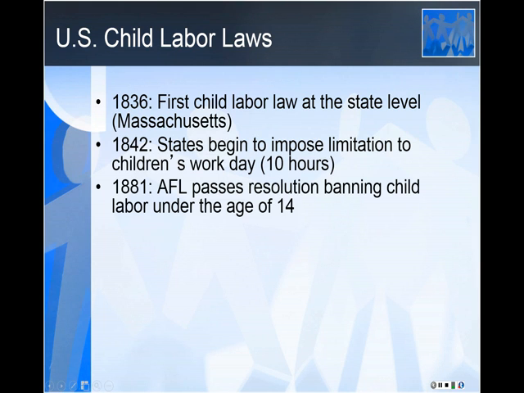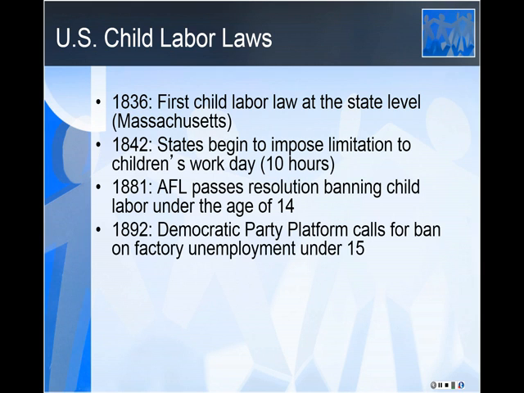By the late 1880s, the American Federation of Labor passes a resolution banning child labor under the age of 14, and this is particularly in those heavy industrial areas. In 1892, part of the Democratic Party platform calls for a ban on factory employment under the age of 15. So this should read calls for a ban on factory employment under 15.